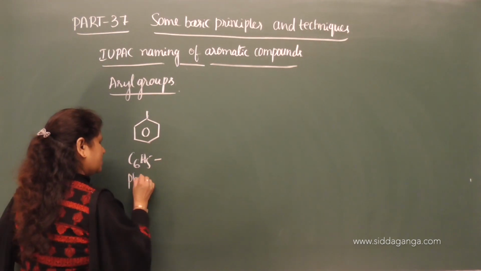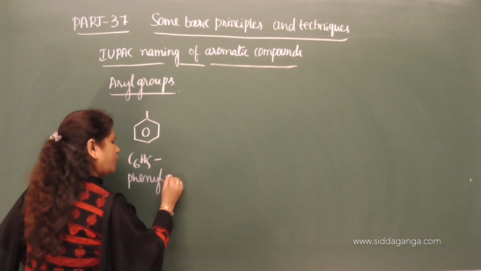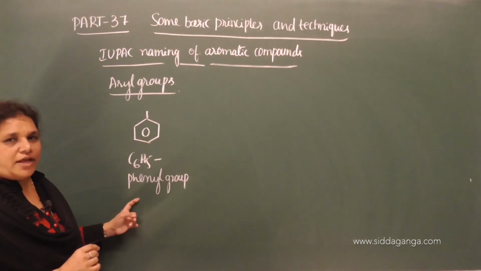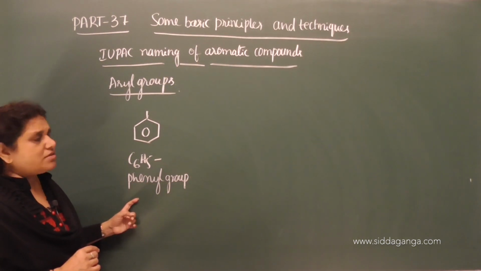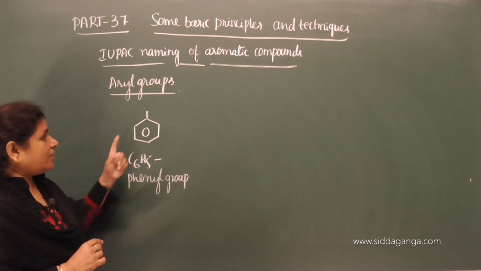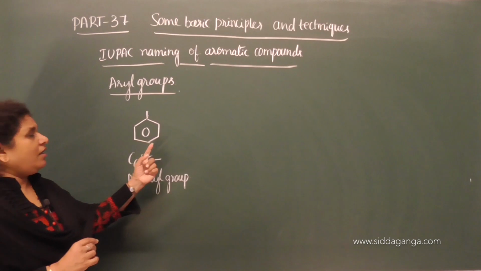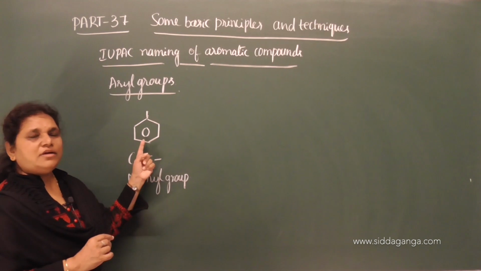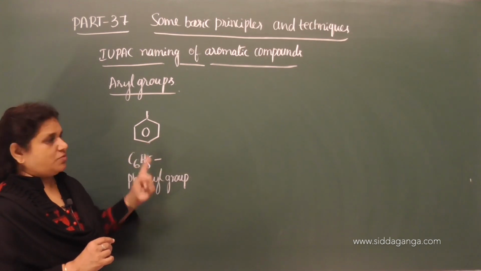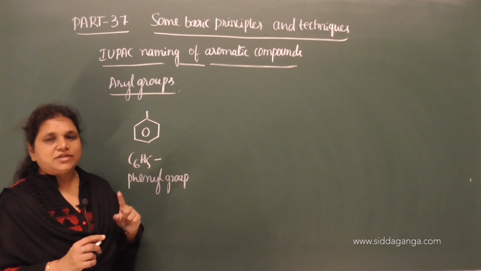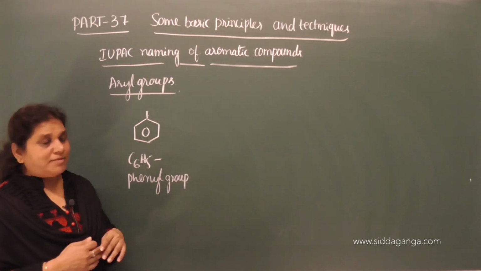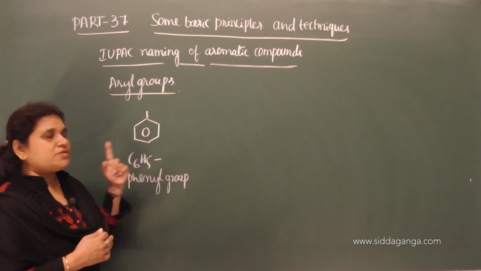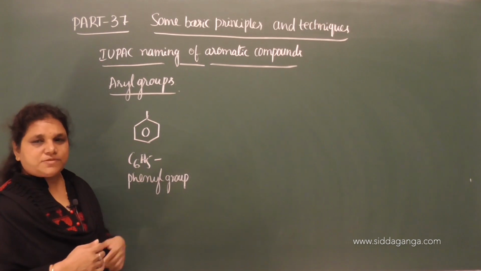The name of this aryl group is the phenyl group, and it is a very important aryl group. Whenever the side chain of this benzene ring contains a multiple bond or a functional group, or an aliphatic chain containing more carbon atoms, then this benzene ring becomes the aryl group or substituent group. We need to treat this as a substituent group.